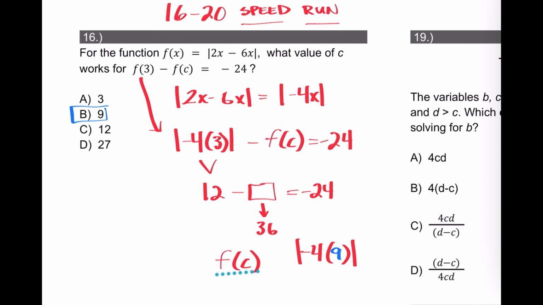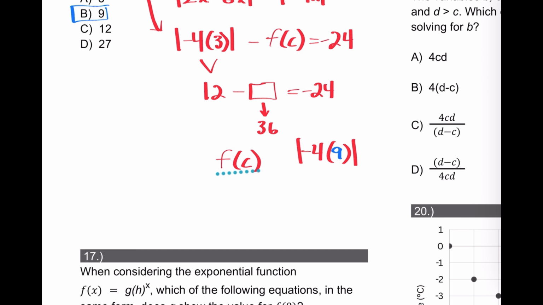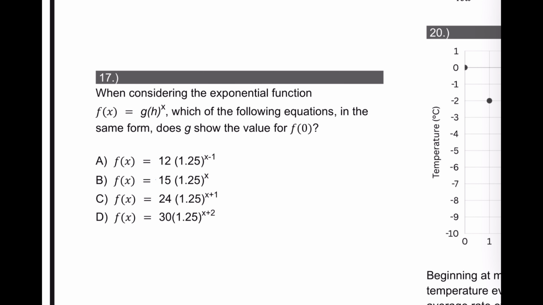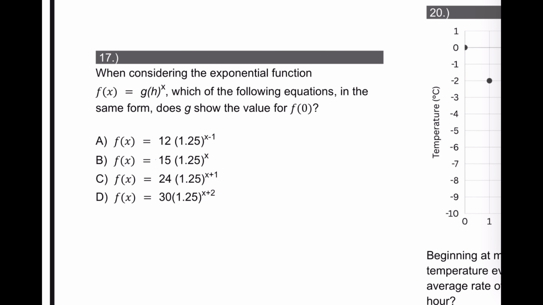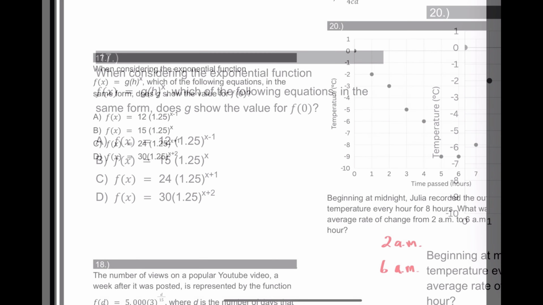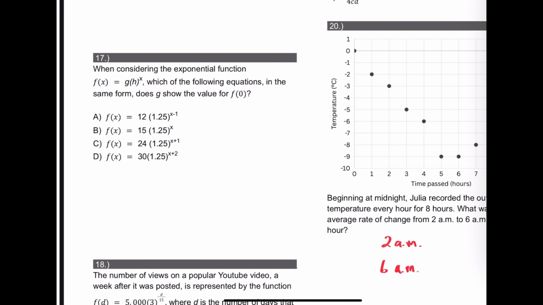Moving on to 17. It reads, when considering the exponential function f of x equals g times h to the power of x, which of the following equations in the same form shows the value of f of 0? It's a mouthful there. Really, they're paying attention to g, and they're saying when you plug in 0 for x, which of these has a g that will not change?